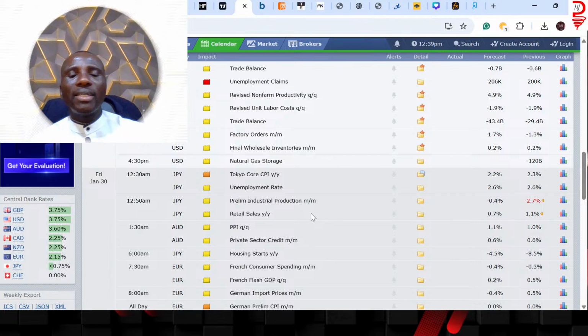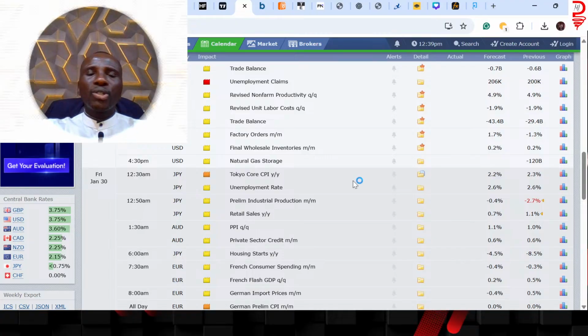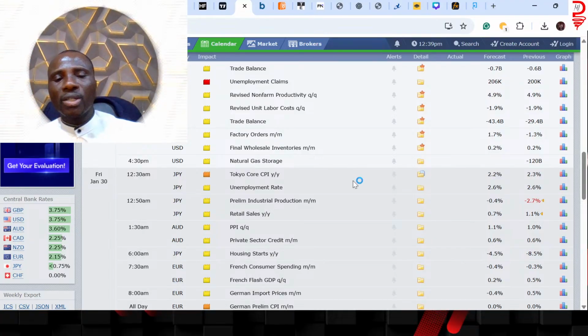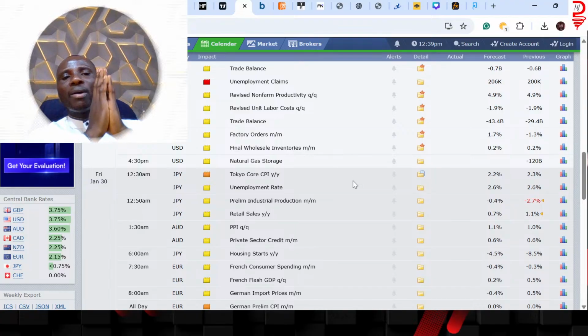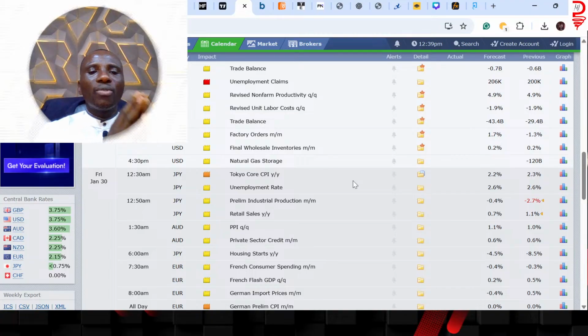And of course, we have said it here, we have been a part of this live session, said it here that because we have a lot of economic indicators, we have been able to look at the transmission mechanism of each of these indicators, and we have been able to narrow our fundamental storyline to a very simplistic approach in which we look at the interest rate: where the interest rate is probably coming from, where the interest rate is at the moment, and of course, what are we expecting, especially for the week?